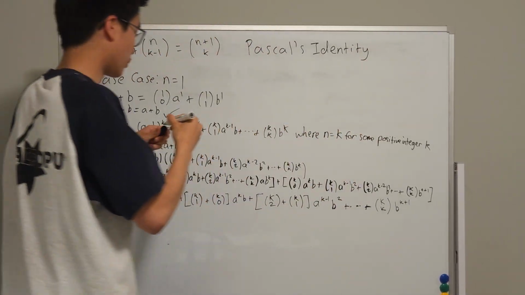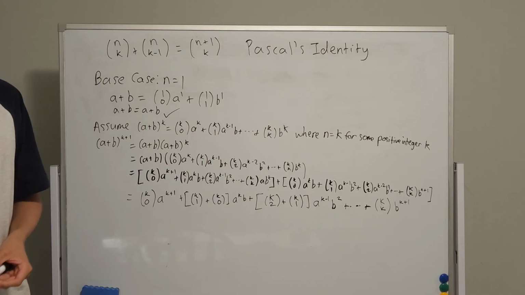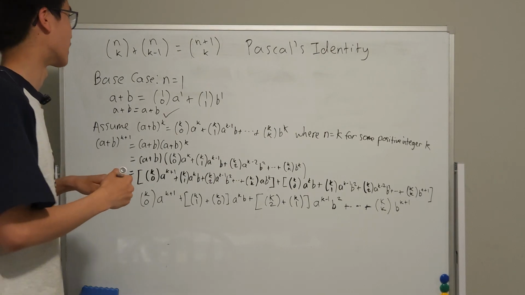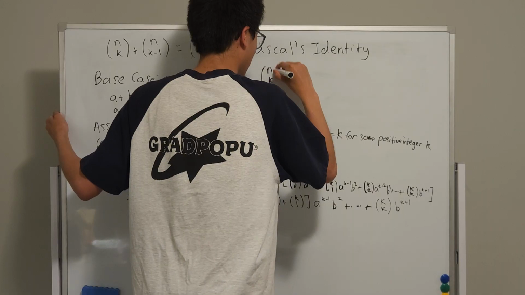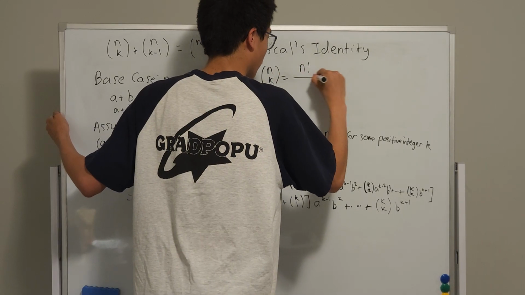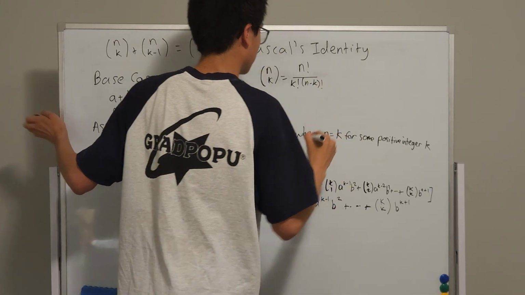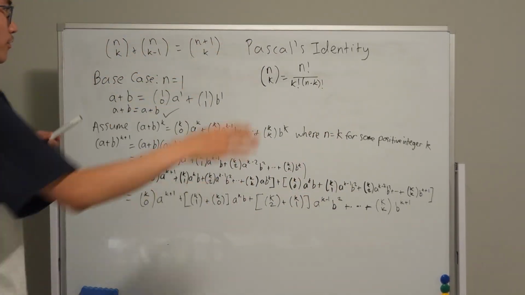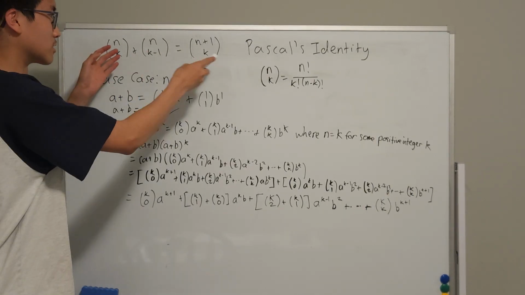And if you want to show that this is true, I'd say the most straightforward way is just by algebra. So you're basically just using the fact that n choose k equals n factorial over k factorial times n minus k factorial. And then after you do all of this, and you add the fractions together, you can see that this side will equal this side.